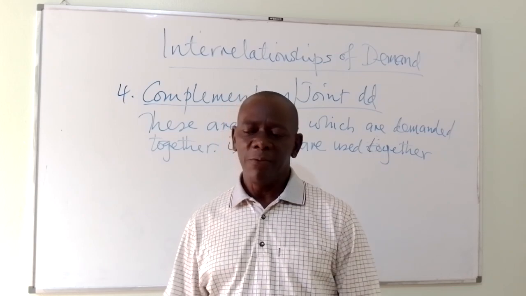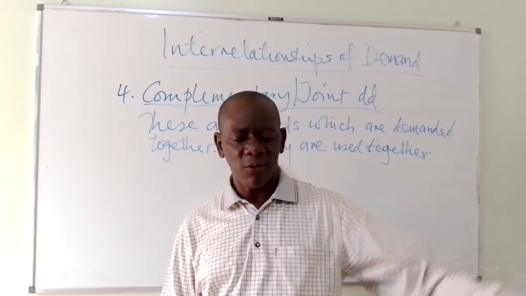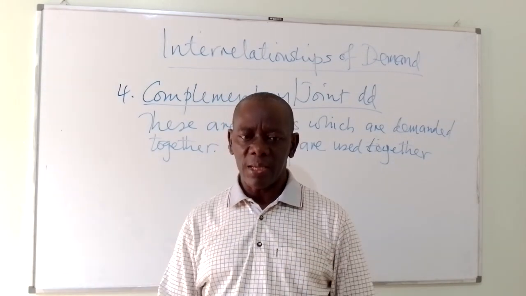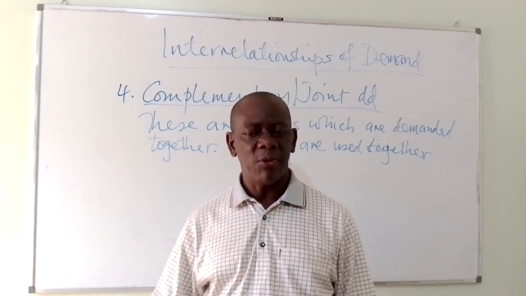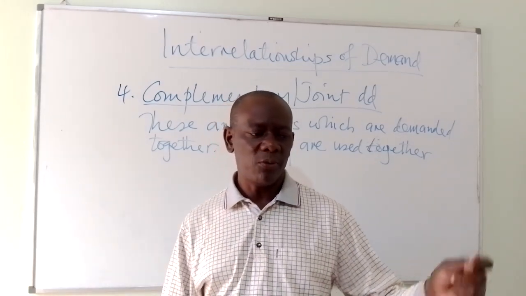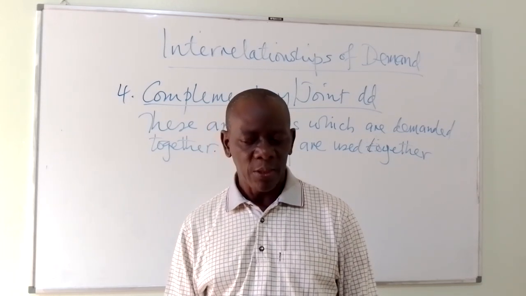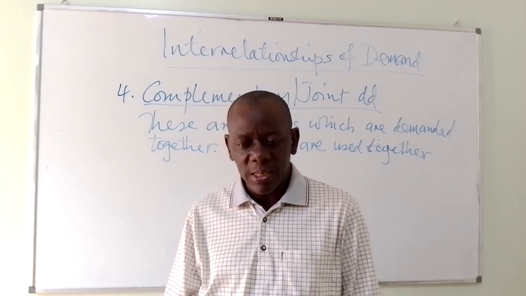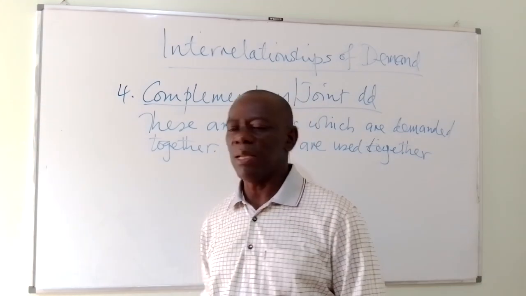The demand for one commodity will definitely lead to the demand for another commodity. Finally they may be used together, but sometimes they are even independent. But because of this, you are supposed to demand this other commodity. That is derived: the demand for this commodity has come as a result of first demanding another commodity.